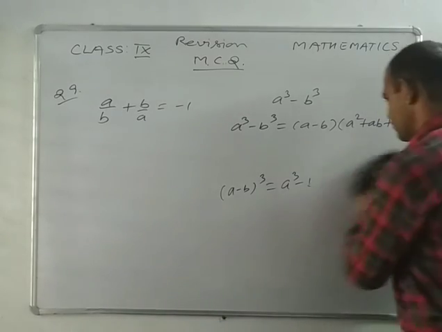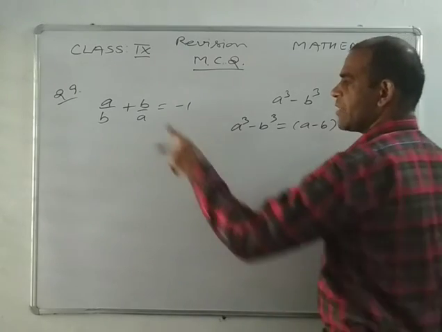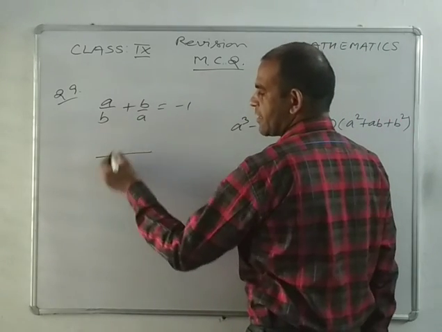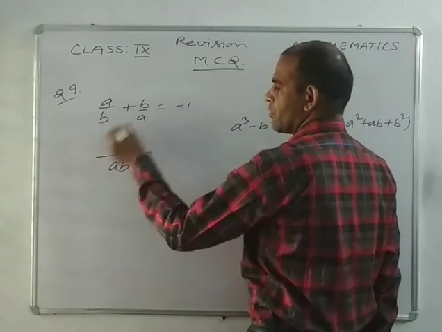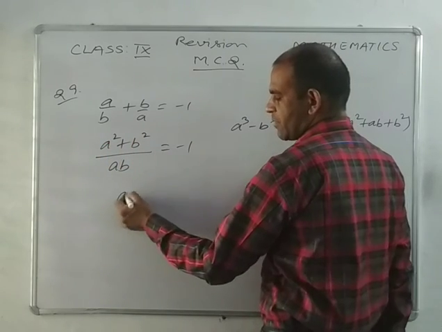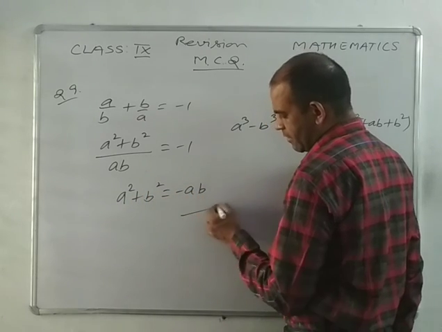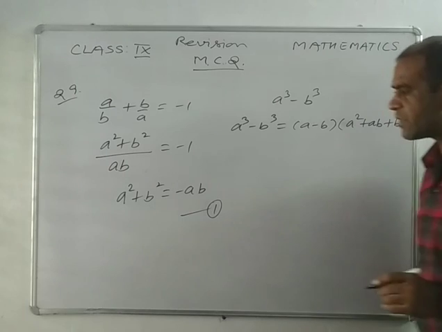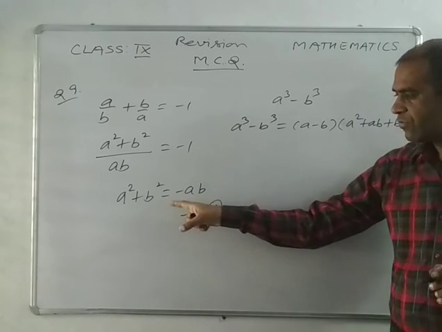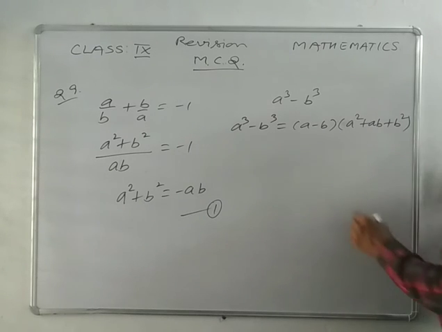So first of all, the given term is a by b plus b by a. Taking the LCM ab and cross multiplying, a square plus b square equal to minus ab. This is equation first. Put the value of a square plus b square in this term.